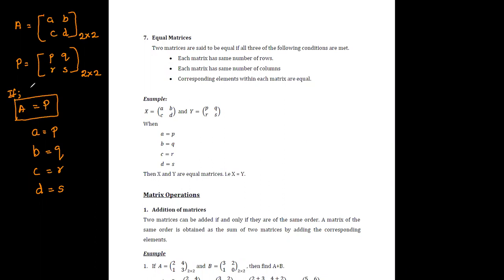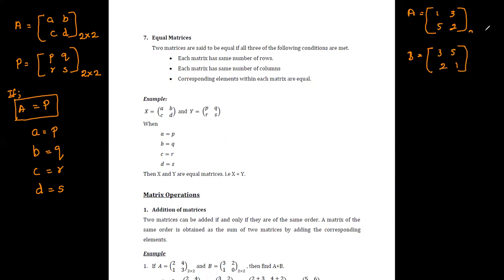In the other way around also, if these three conditions are satisfied, then we can say that these two matrices are equal matrices. But in a case like this, suppose that A is a matrix having 1, 3, 5, 2, and matrix B is having 3, 5, 2, 1.